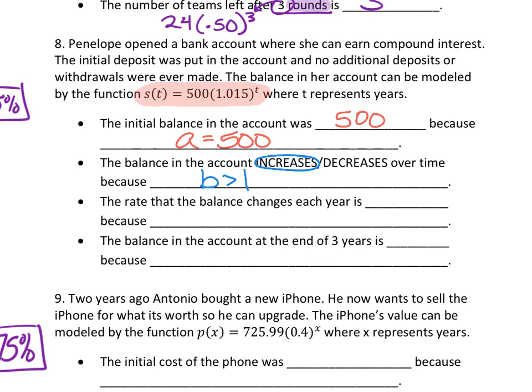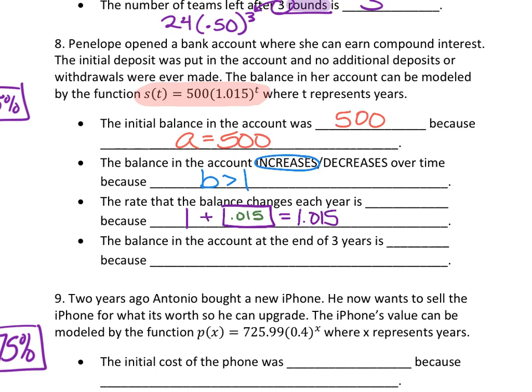Let's figure out the rate that she got from this bank to see if it was a good deal. The rate that the balance changes each year is, well, you guys told me that this was growth. The rate is not the same thing as the B. So am I going to do 1 plus or 1 minus? 1 plus. 1 plus something, that rate is equal to 1.015.